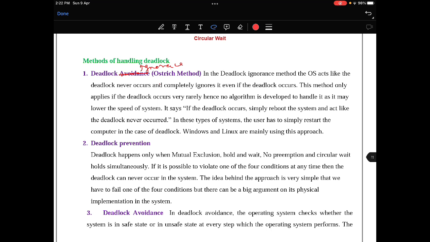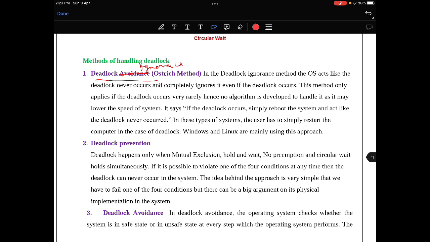So it tries to avoid the sandstorm. Similarly, if deadlock has occurred, in that case we are also ignoring the deadlock as if it has never occurred. Rather than curing it, rather than coming out of this deadlock, we will try to ignore it.